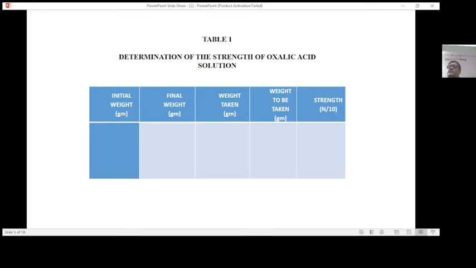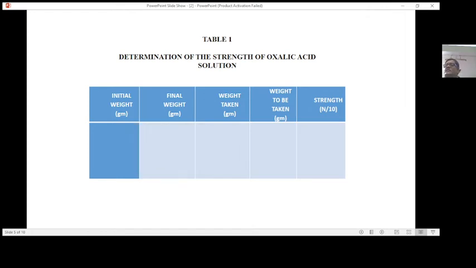For this, we have to take a first reaction. In the laboratory, we have to take a table. This table is for determination of strength of HCl, oxalic acid solution, and why the oxalic acid solution is used.